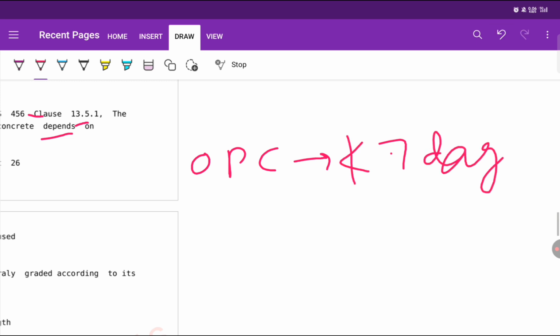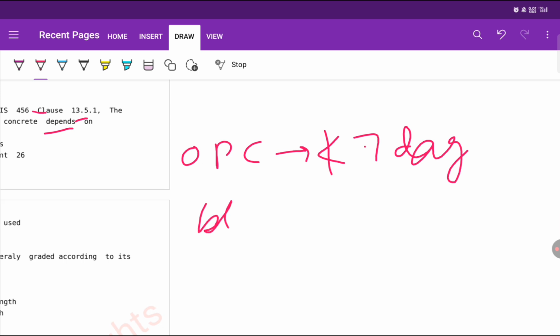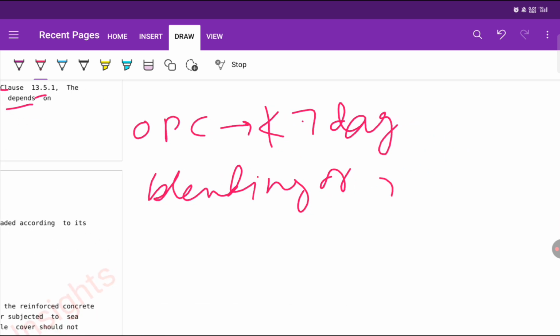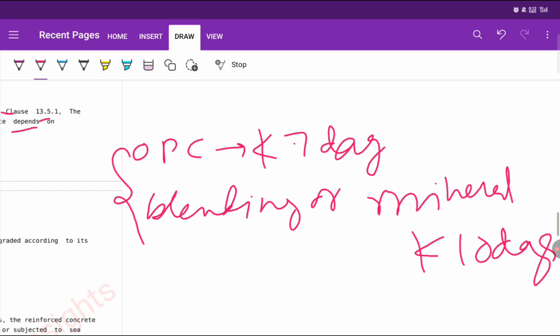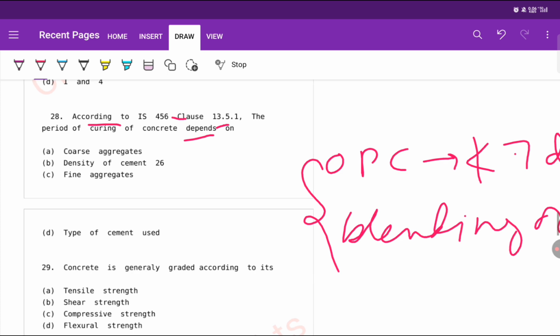But if the cement is blending cement, or if admixture or mineral admixture is used, then we have to cure for at least 10 days. So it depends on the type of cement. Option D is the correct answer.